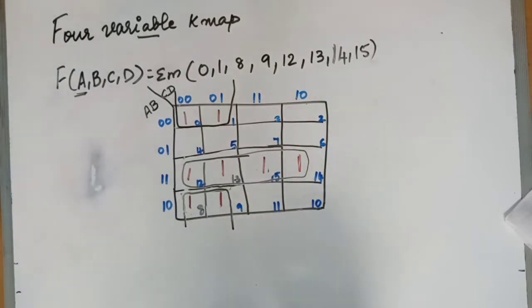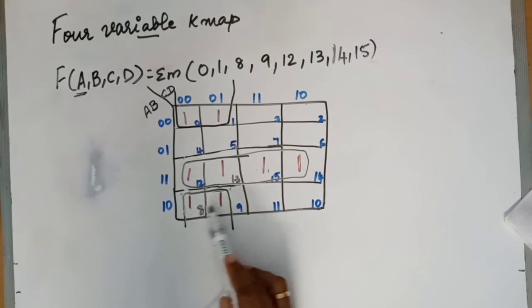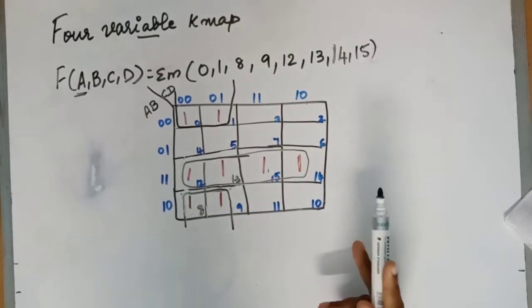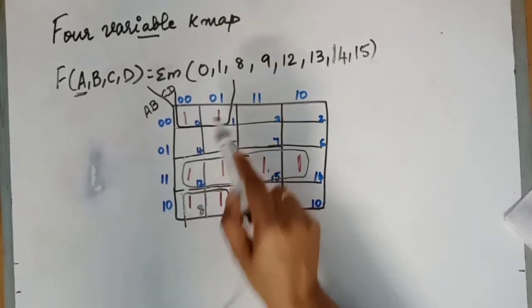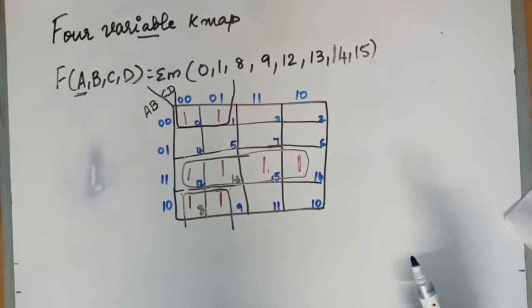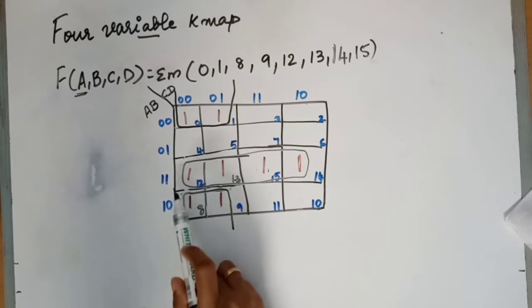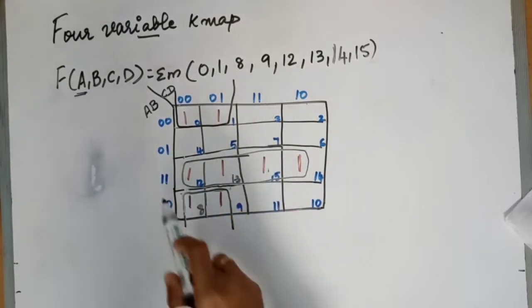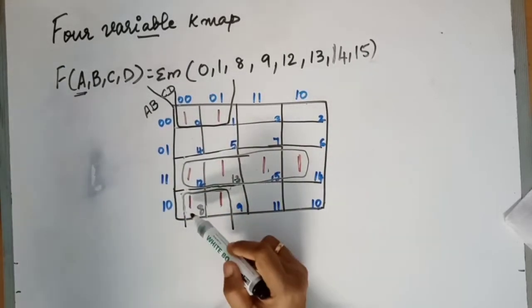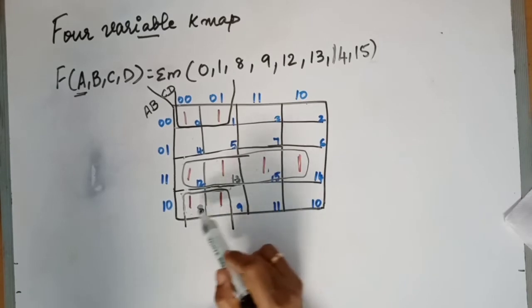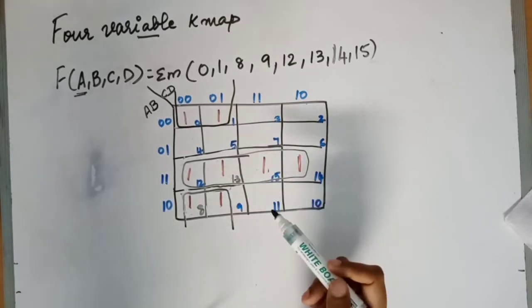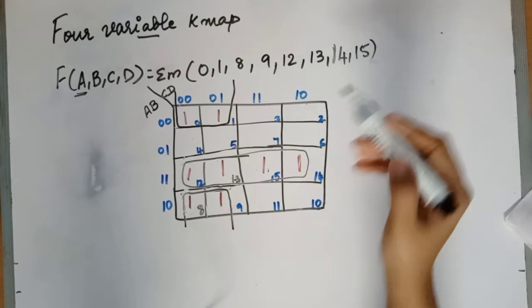In the earlier case, we were grouping these 2 ones twice, with these 2 ones and also with these 2 ones, because that was the only possible way. But in this case, there is another quad available. So there is no need of regrouping these 2 ones again. So what will the answer be?